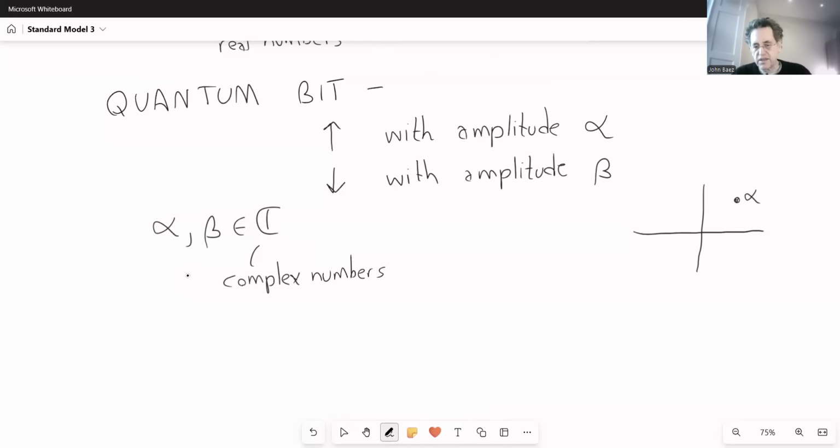And the point is that this complex number really just involves two numbers, two ordinary real numbers. One is its x coordinate and one is its y coordinate. So this alpha here, all it really is, is two numbers, one that I'll call x, saying how far across you have to go from the origin to get to alpha, and the other one saying how far up you have to go.